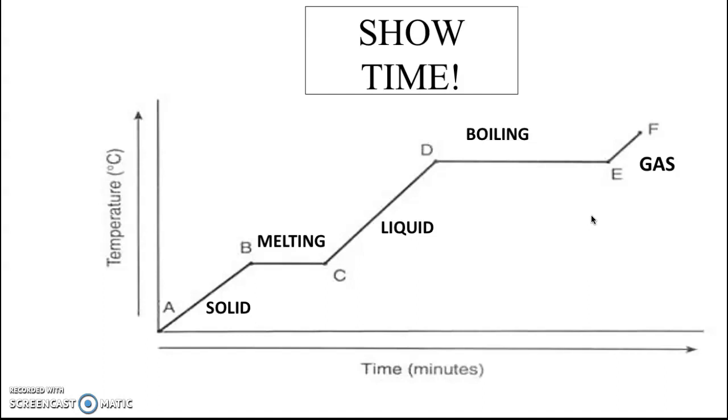Now, if I ask you, can this process be reversed? You would tell me, yes, this process can be reversed because we can go from gas to liquid and liquid to solid, right? You would just switch melting and boiling with condensing and freezing, right?